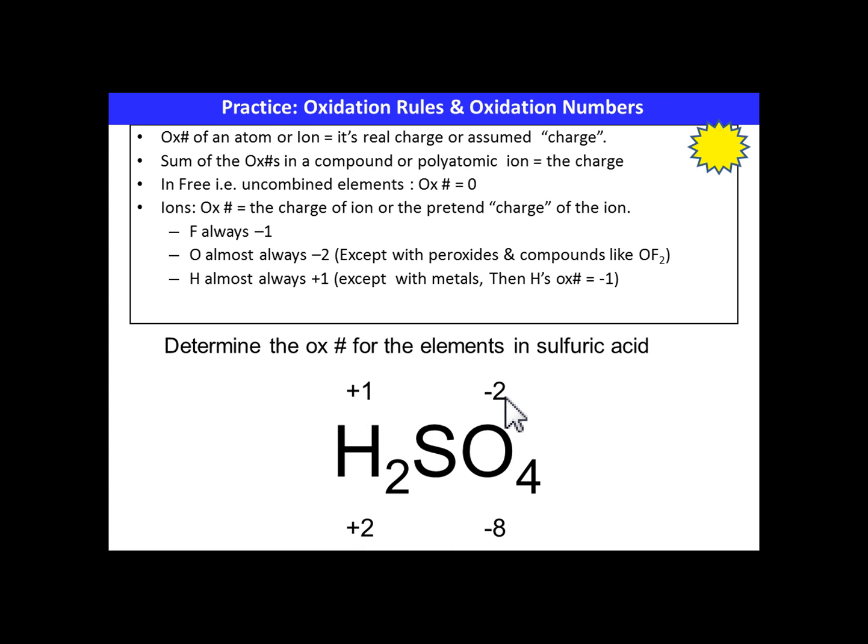The oxygens are each -2, and there's 4 of those, so that's -8. So this looks more like an algebra problem. 2 plus blank minus 8 is equal to 0. Well, this blank is the sulfur, and a little math will tell you it has to be a +6. So the oxidation numbers in order: hydrogen's +1, sulfur's +6, oxygen's -2.